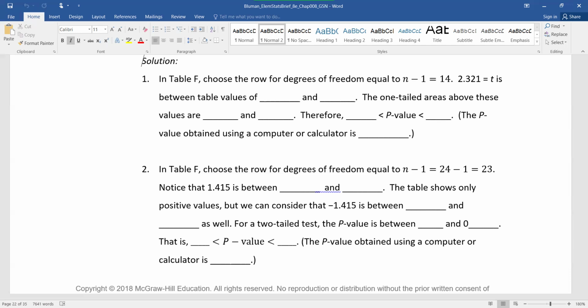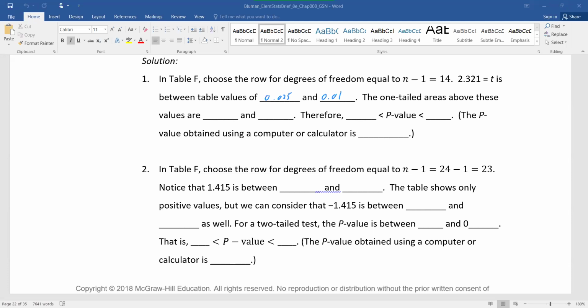We are also told that it's right-tailed. So is that a 1 or 2-tailed test? So let's look at those numbers there. One tail, one step above that. There it is. So we'll use the values of 0.025 and 0.01, right? Somewhere between that is where our significance level will cross.